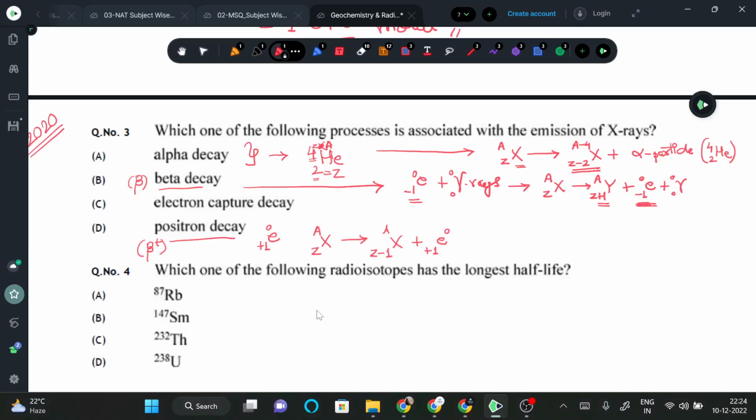Sir, do we get gamma ray here? Because we get gamma ray in beta negative decay. Yes, actually here also there will be, you can even write it or not write it, because it is 0 0, it doesn't matter. But yes, here also you get gamma rays.